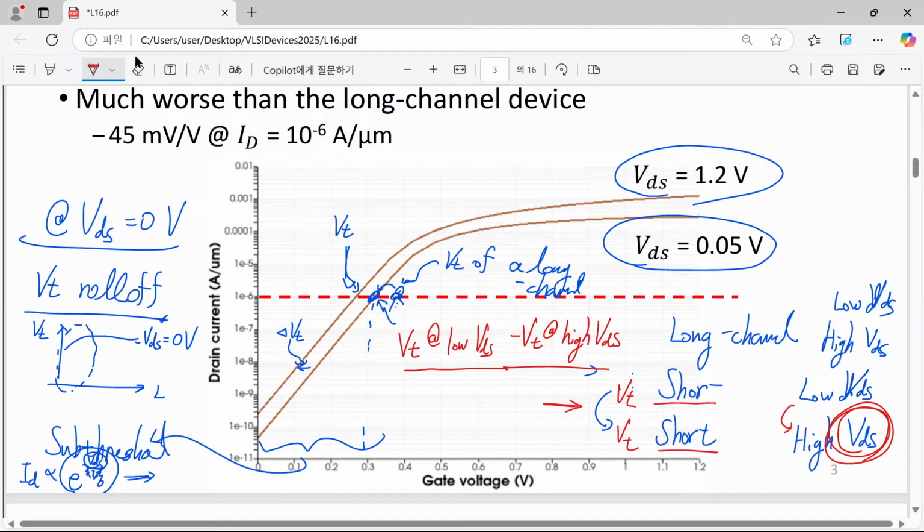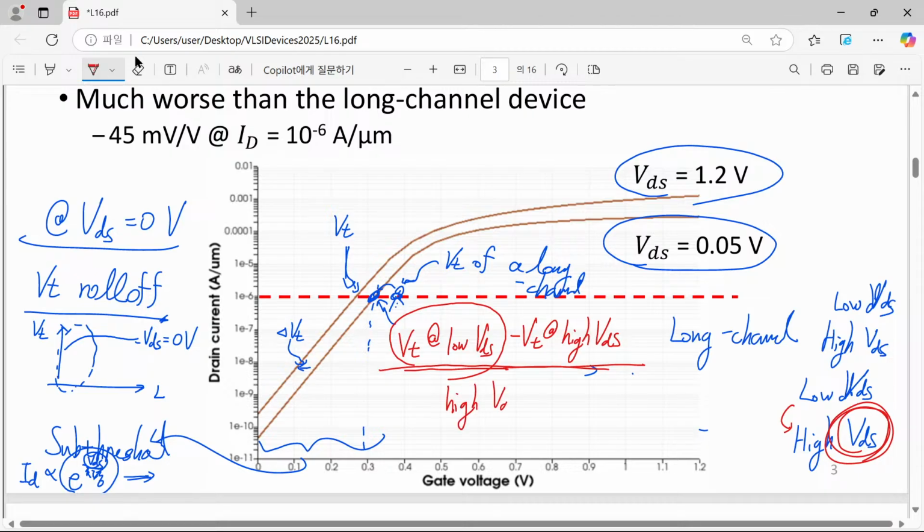Please note that when you apply low VDS, you will have a higher threshold voltage. So the order of the difference should be done in this way, not the other way around. And that is normalized by high VDS minus low VDS.